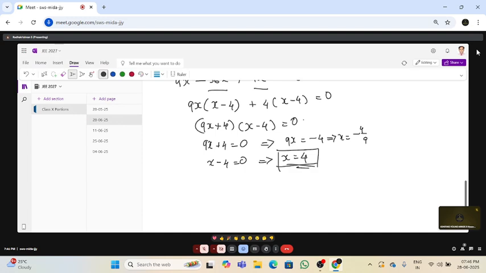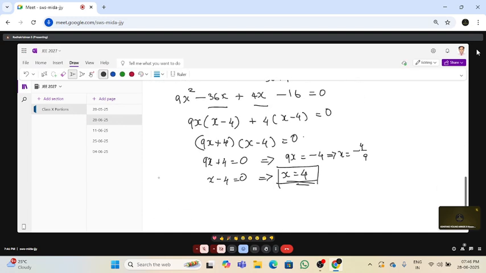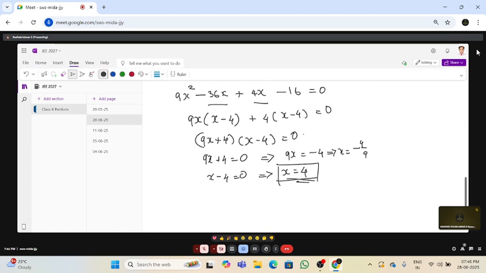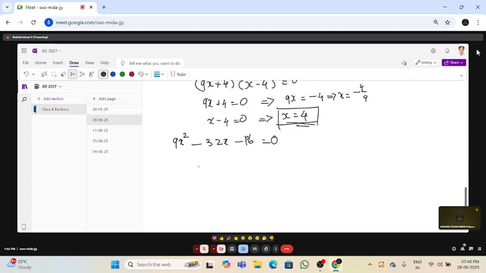X equal to 4. And the same thing we can do through quadratic formula. So this is the equation 9x square minus 32x minus 16 equal to 0. That means here a equal to 9, b equal to minus 32, c equal to minus 16.